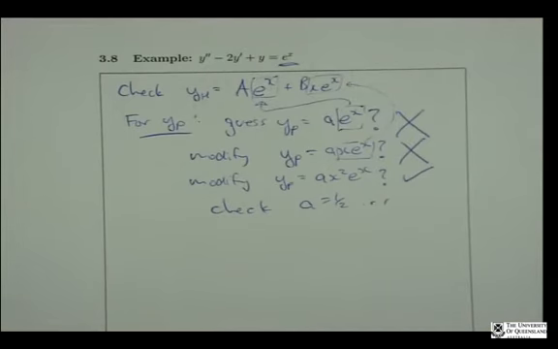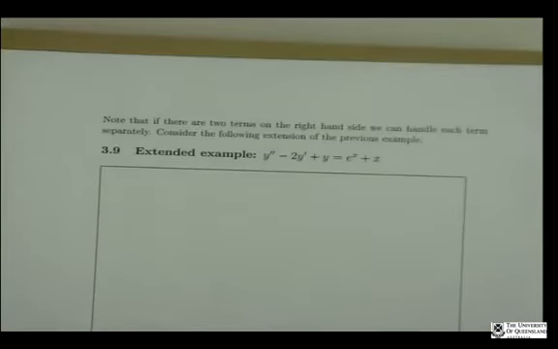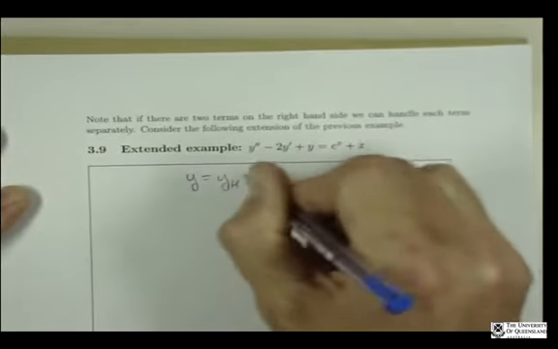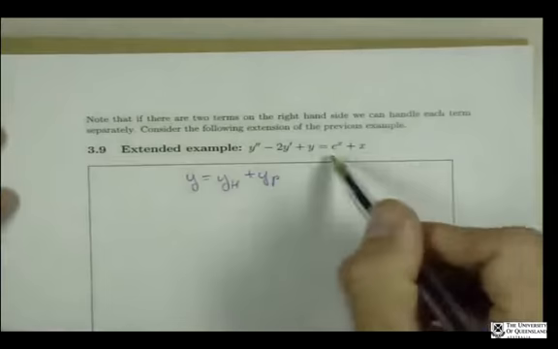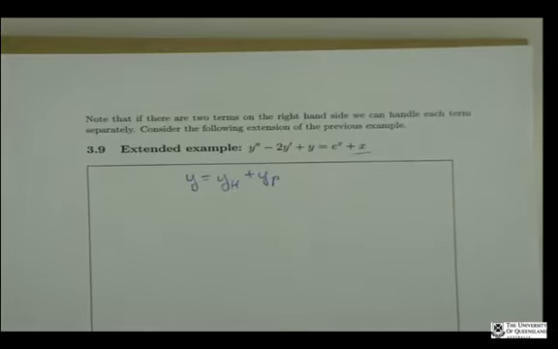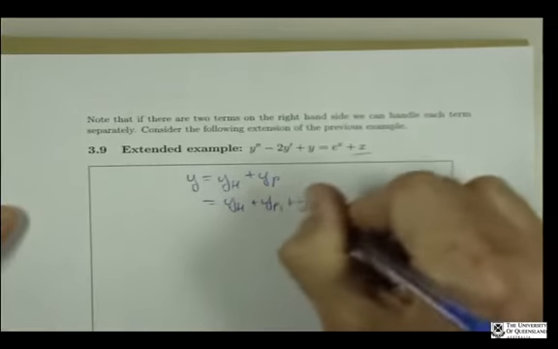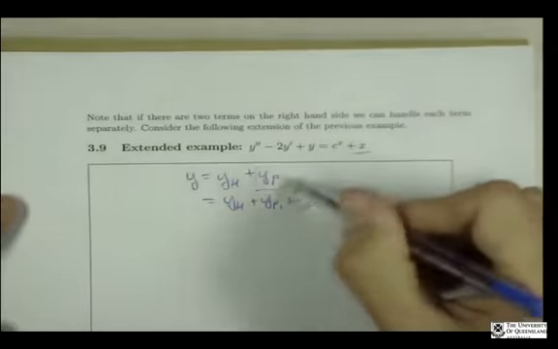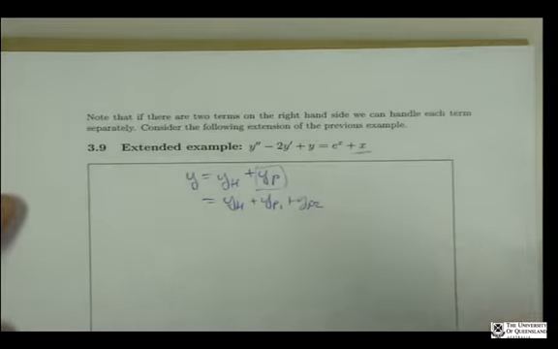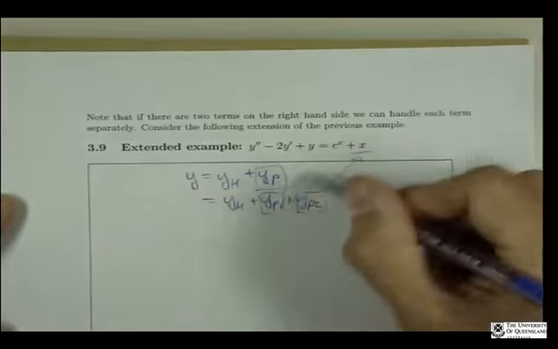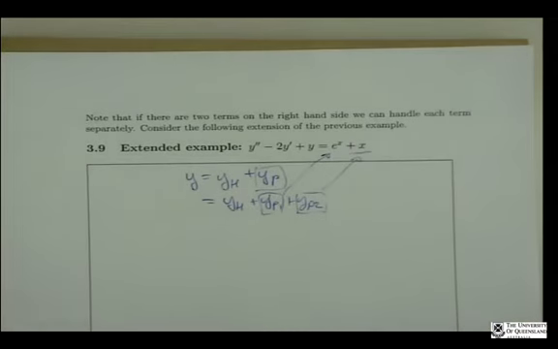All right, just one more example. This is just a slight variation on the example on page 26. Everything is the same as the previous example, but now we've got this additional term, this additional x. So in this case, the particular solution is the sum of two particular solutions, where yp2 would contribute to the x and yp1 contributes to the exponential.